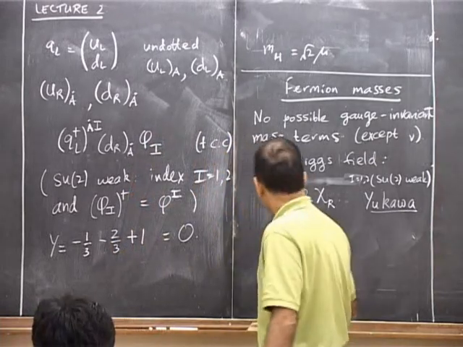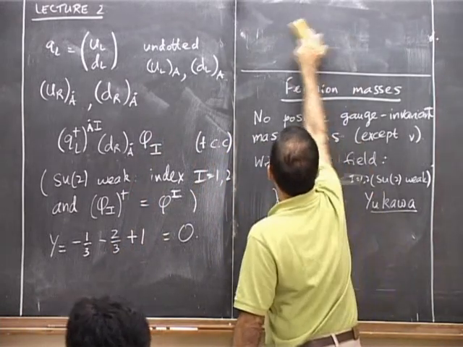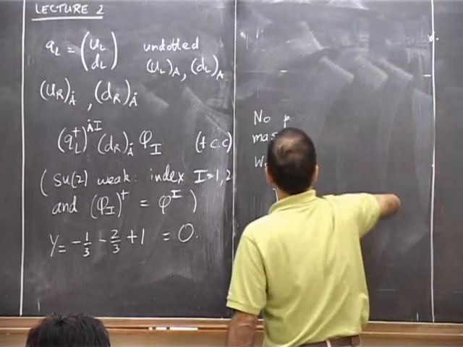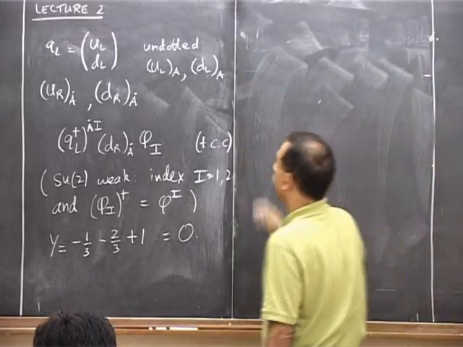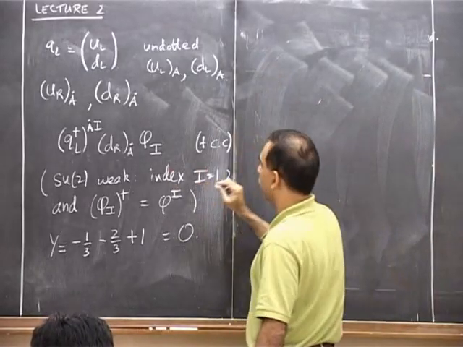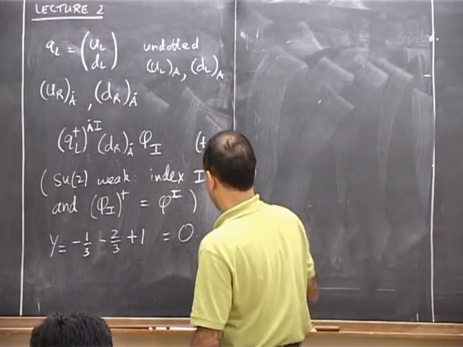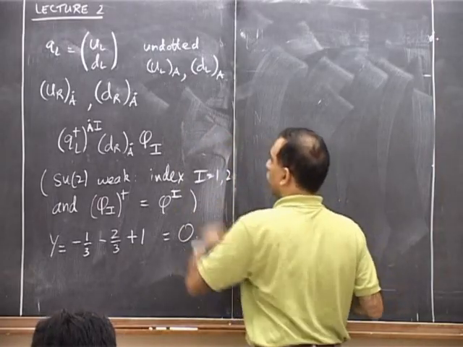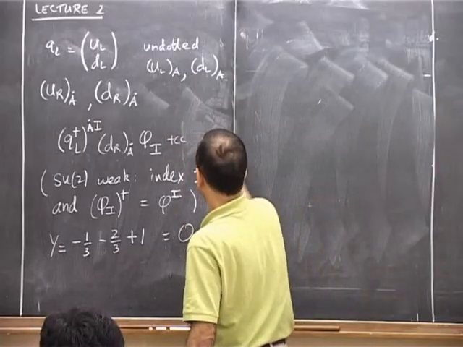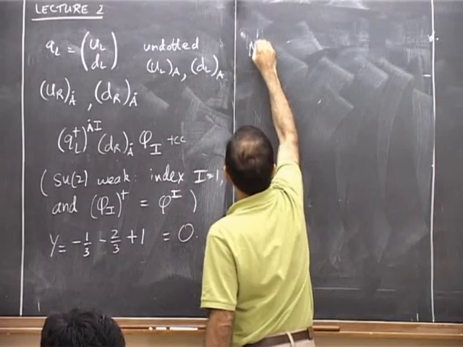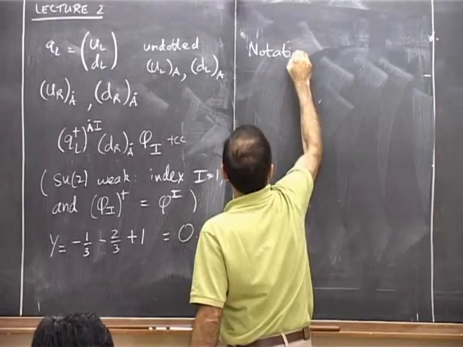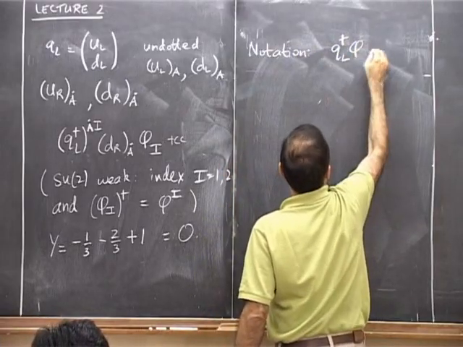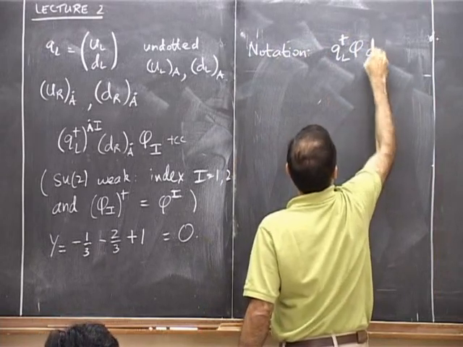Now however, if we repeat the same exercise for the Yukawa coupling between the left-handed quark doublet, oh by the way, before that I should just say that in terms of notation, this thing plus CC will be Q dagger L phi D_R.